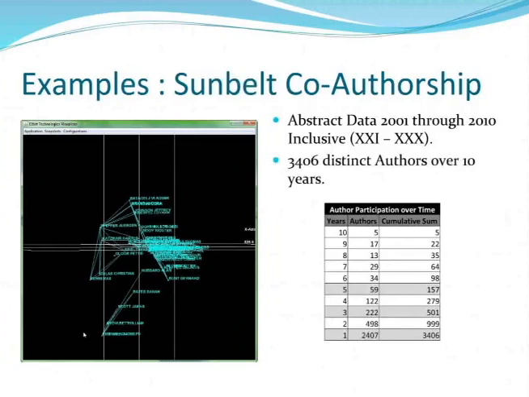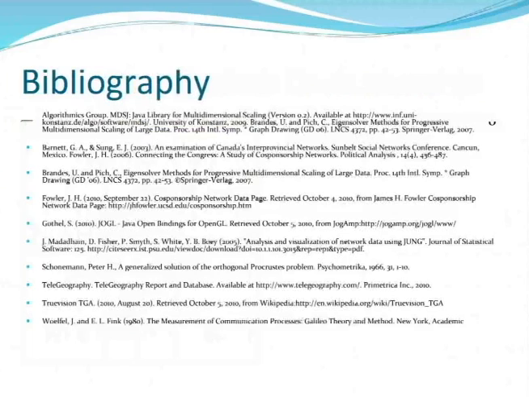Okay, finally, for Sunbelt in 2011, in February, I am working on a series of data that covers 2001 to 2010, all of the abstract data. I am specifically looking right here at author relationships, and their co-authorship of papers at the Sunbelt Conference.